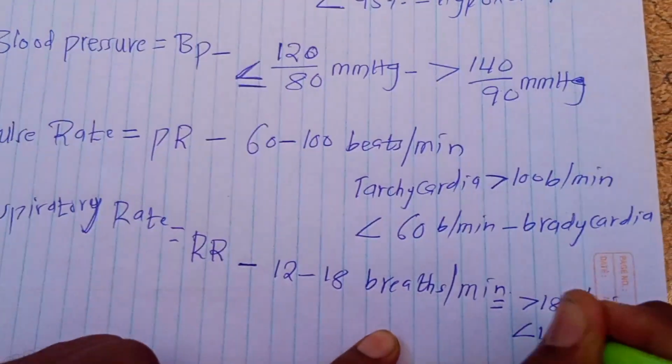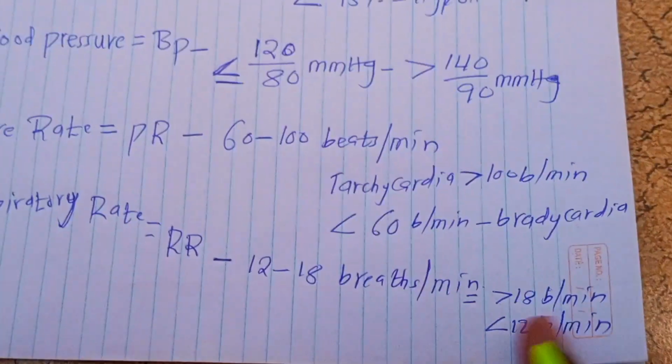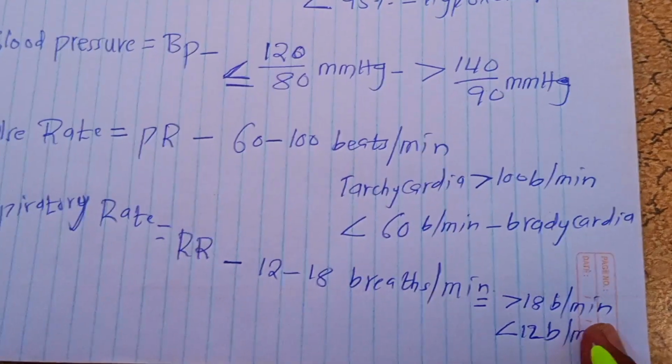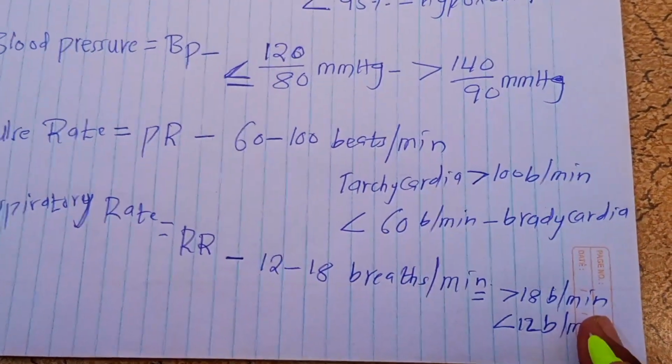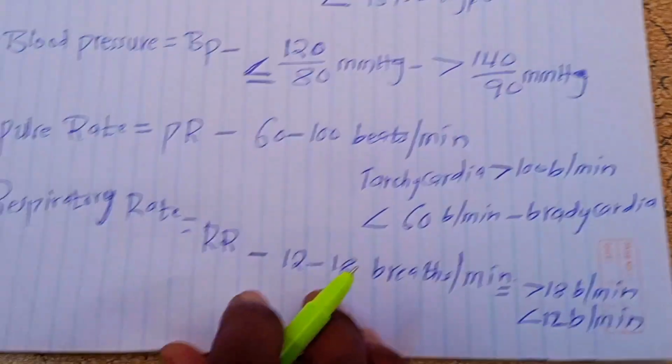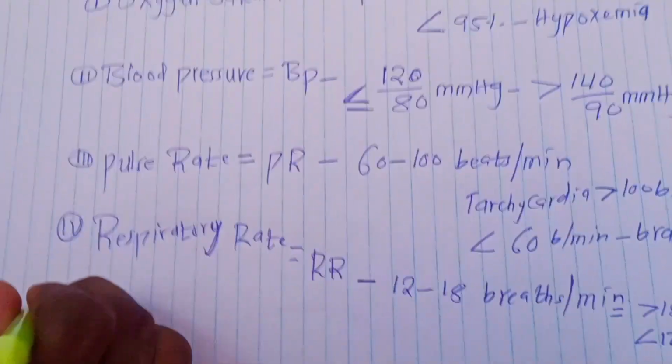Any value that is less than 12 per minute is considered to be a low respiratory rate.